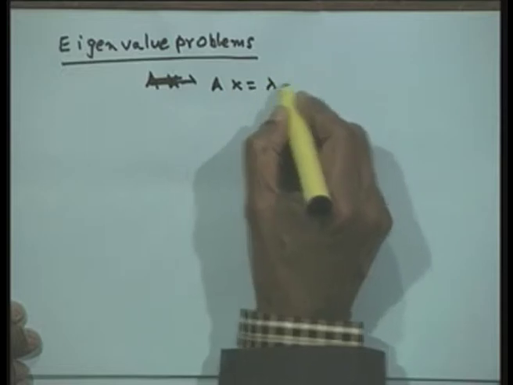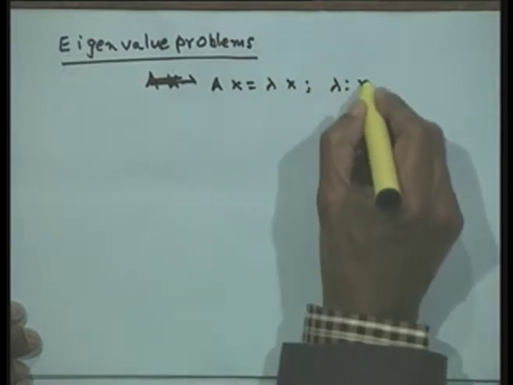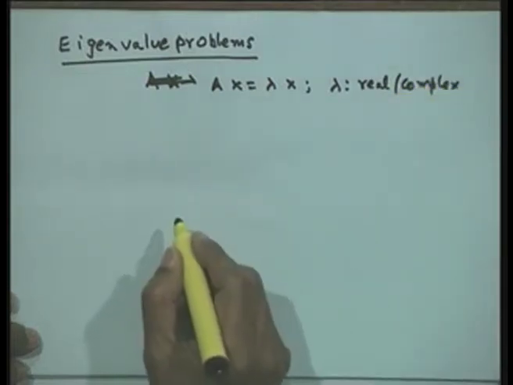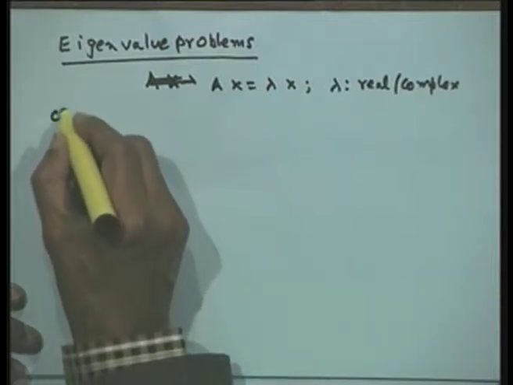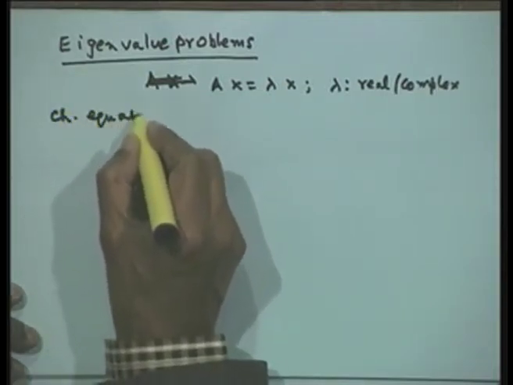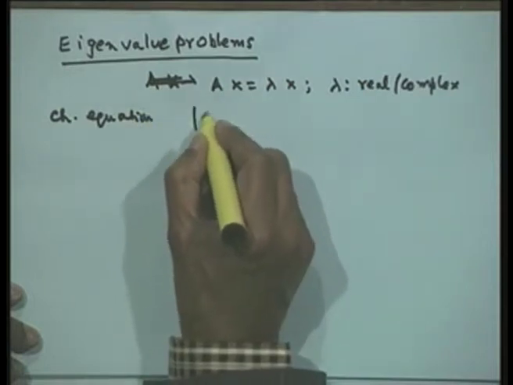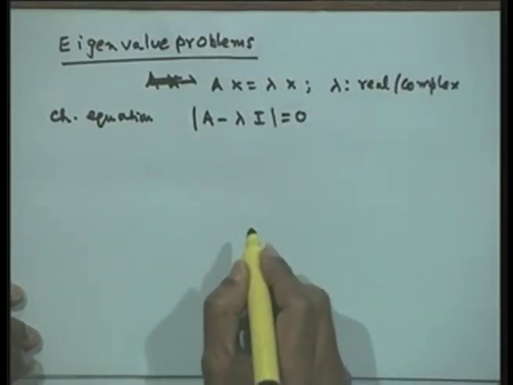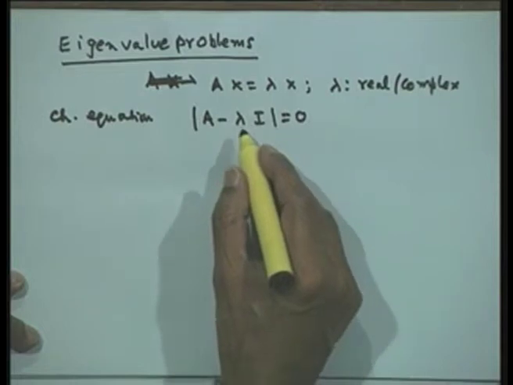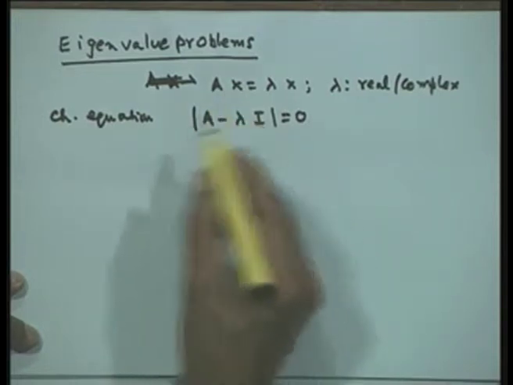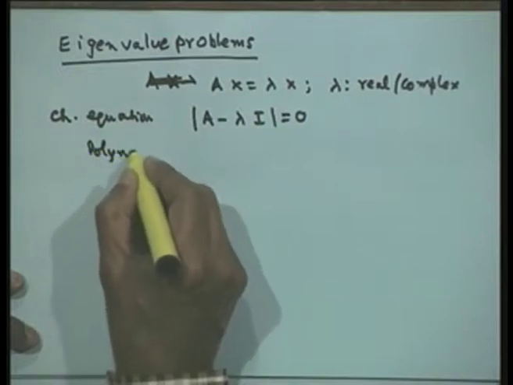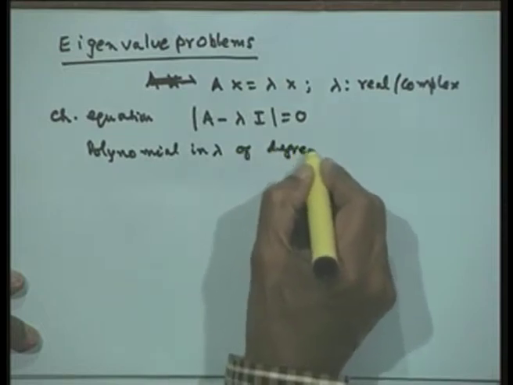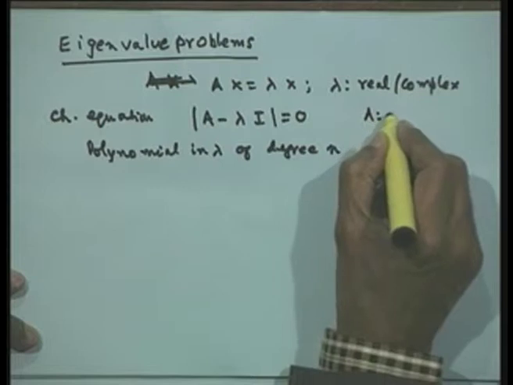Ax equal to lambda x, where lambda is a real or a complex number. Then we have defined the characteristic equation as the determinant of A minus lambda I. If I expand this, it is a polynomial in lambda of degree n, whatever the degree of A. We have taken A as an n by n matrix.